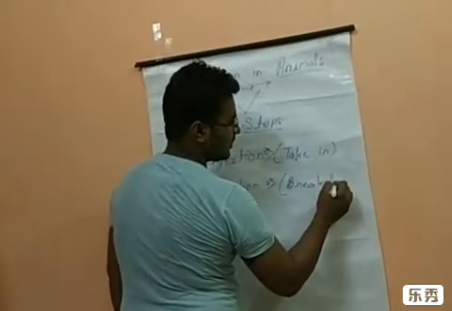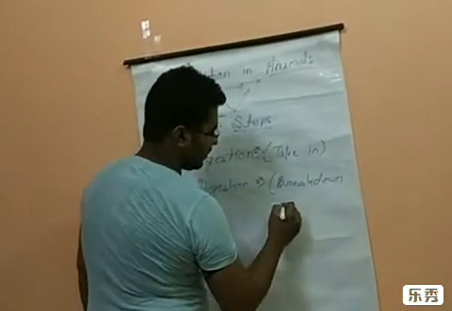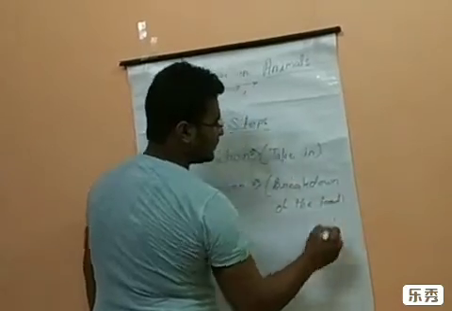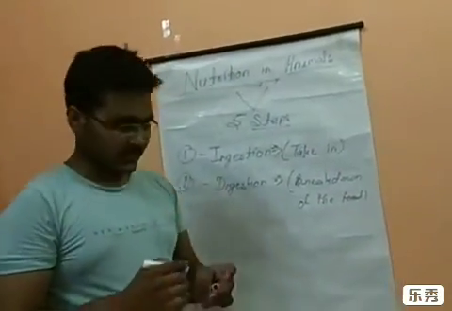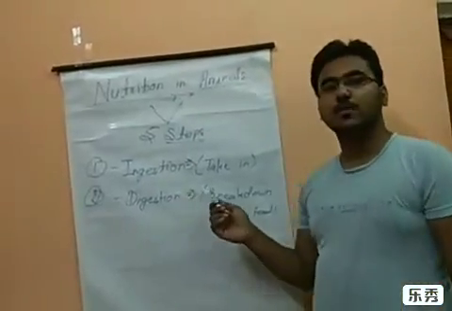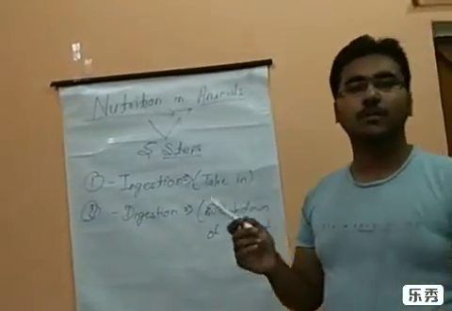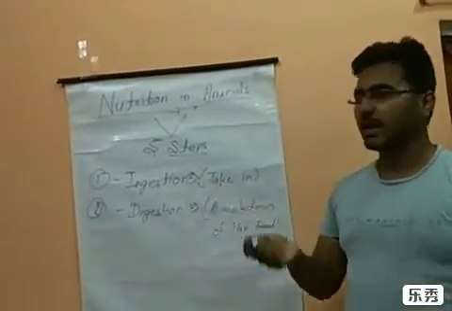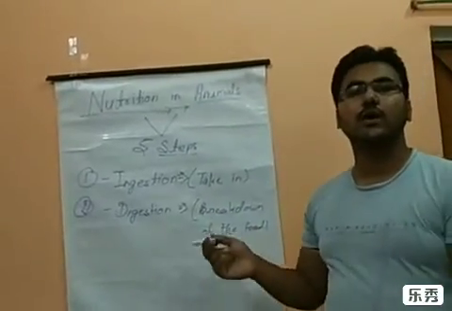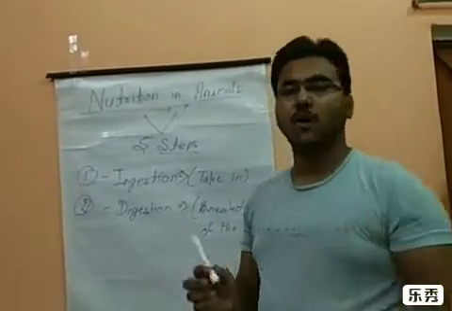In digestion, the food particle is broken down into very small particles. In the first step, we have taken food inside our body. In the second step, the food is broken down into very fine particles.